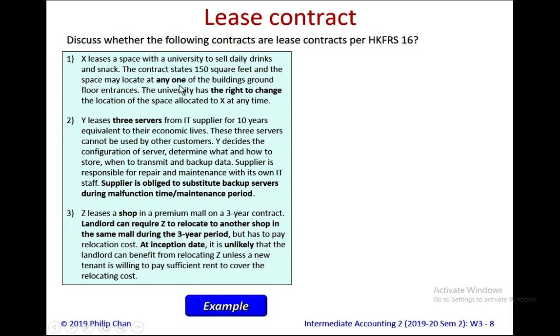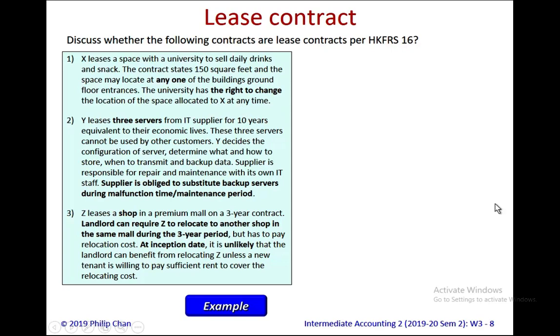The contract, in fact, did not specify which area of 150 square feet can be used to sell daily drinks and snacks, and the university has the right to change the location of the space allocated to X at any time.